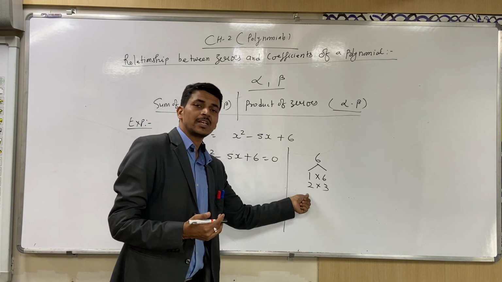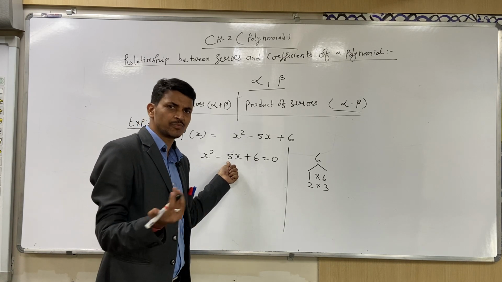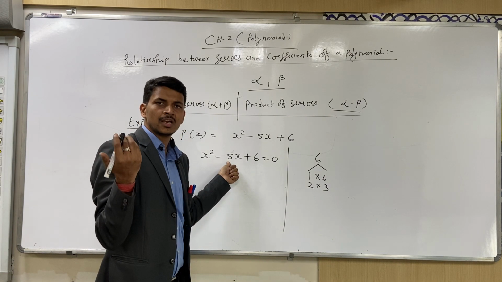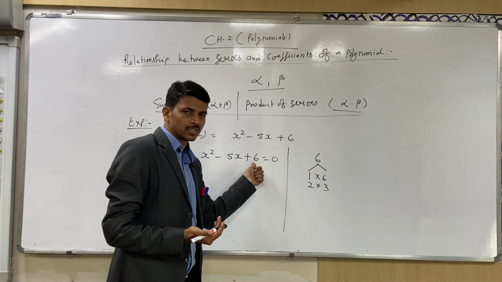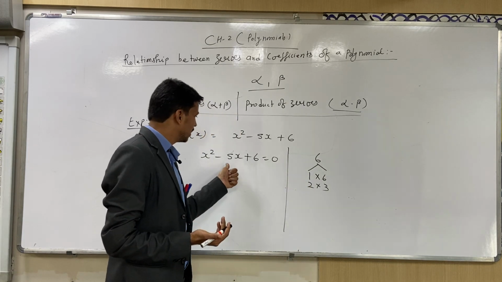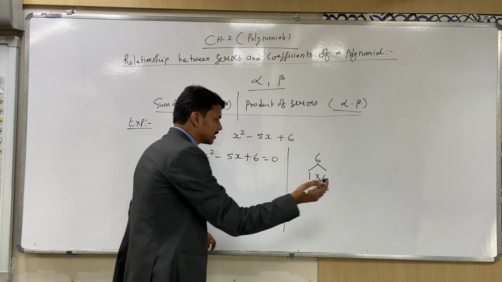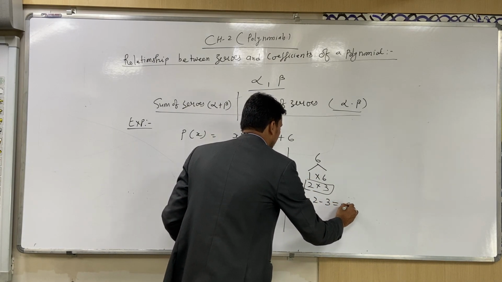Out of these 2, we have to take any one in such a way that after addition, it should come minus 5. Whenever we are doing middle term splitting, we have to think in that way only. The last term is positive, so the two numbers must add up to minus 5. So we can take minus 2 minus 3 is equal to minus 5.